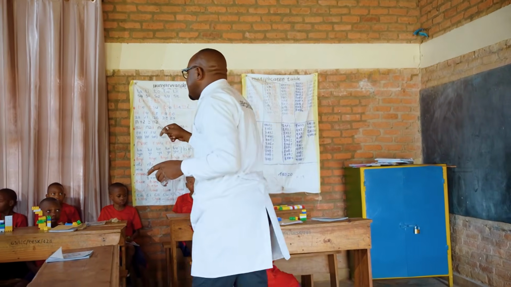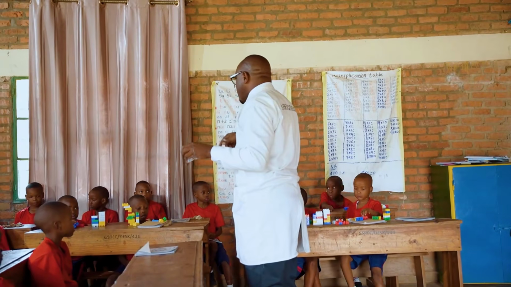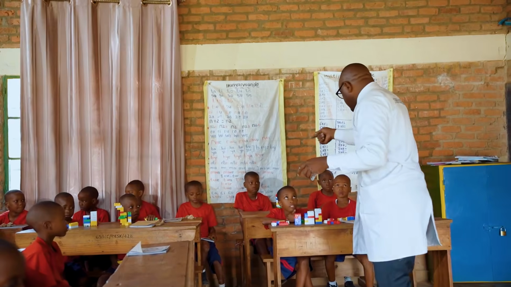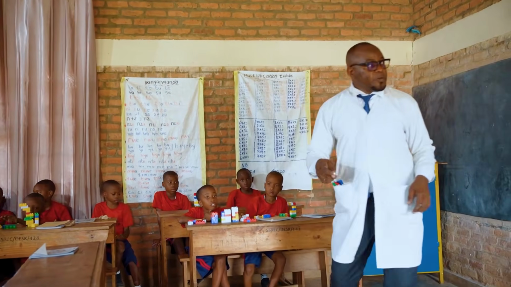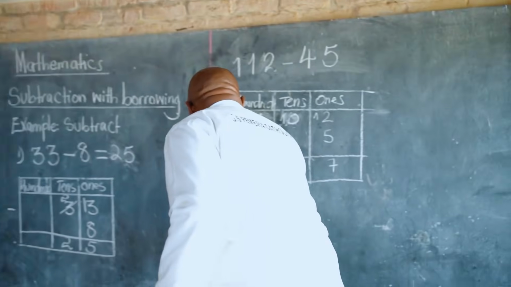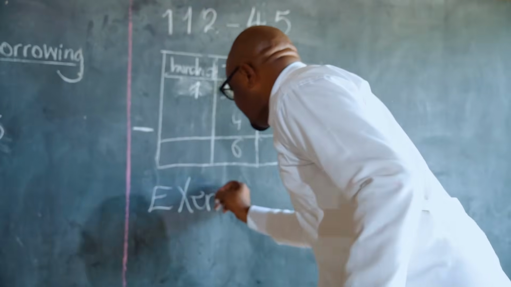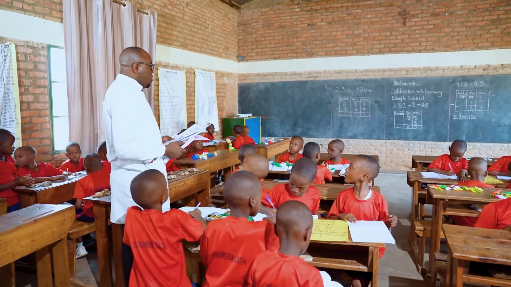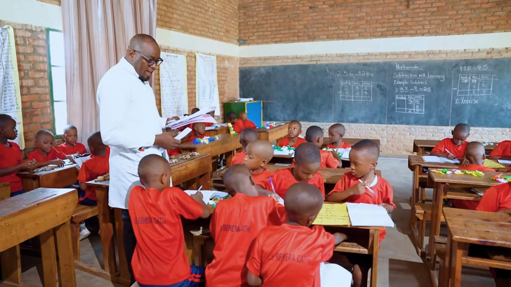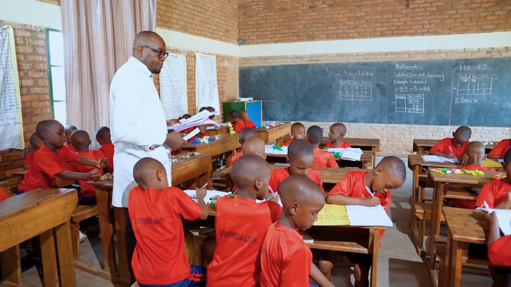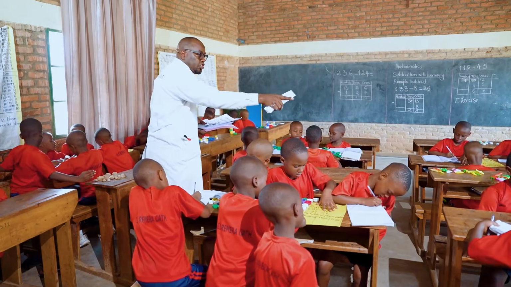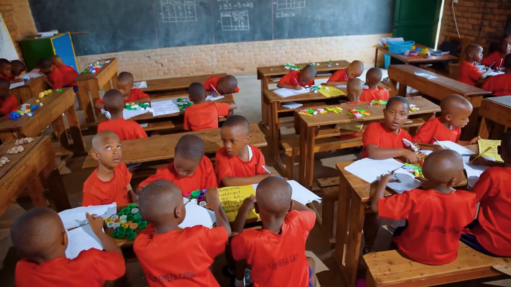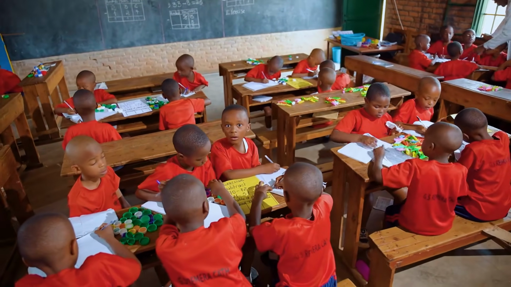We are going to do exercise in our groups where you sit. Turn around, sit in your groups, and we are going to do an exercise. Write the questions in your books. Just write it quickly.